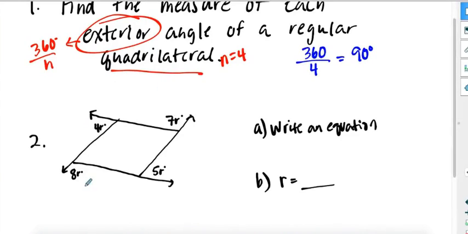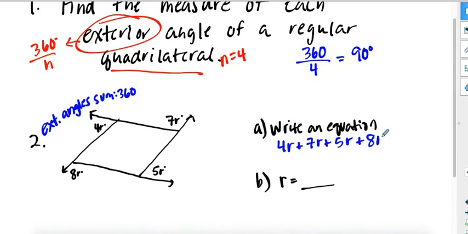Now for this problem, it's going to be something similar because they are in the exterior. These are all exterior angles again because they're on the outside. So that means all the sum is going to be 360. So when you're looking at an equation, I would want to see 4r plus 7r plus 5r plus 8r is equal to that sum, which is 360.